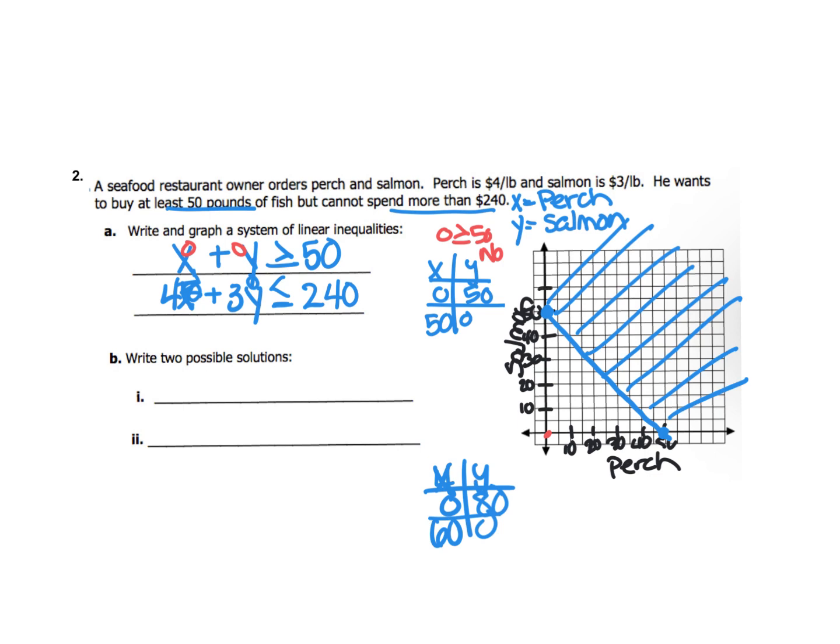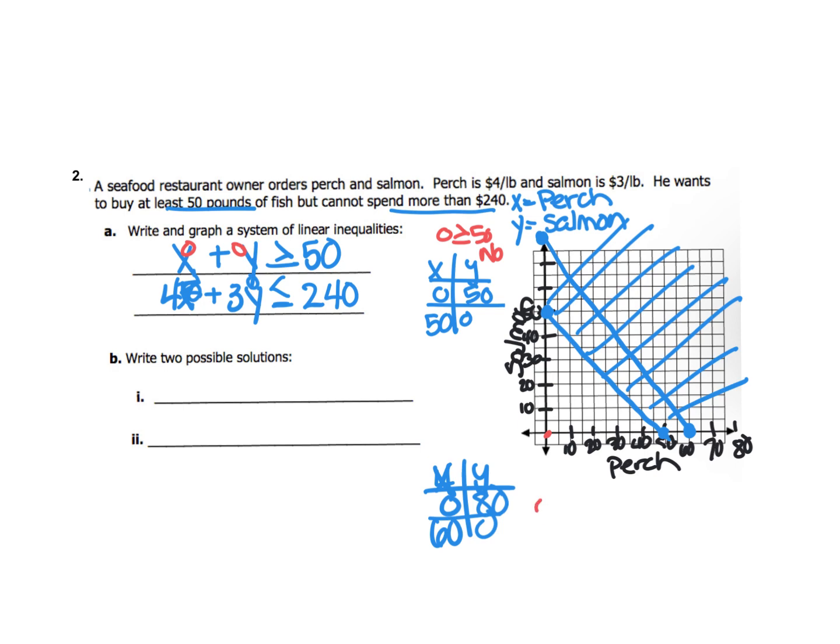There's 60, 70. I think 80 is going to go just off of it. And then let's do the same thing here. So let's go 0, 80, and then 60, 0.